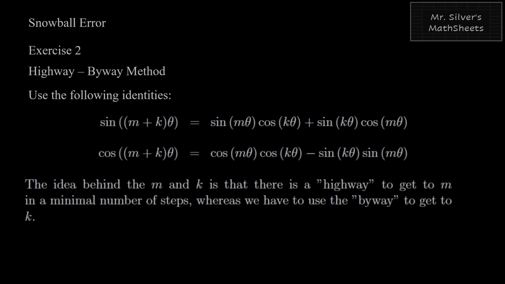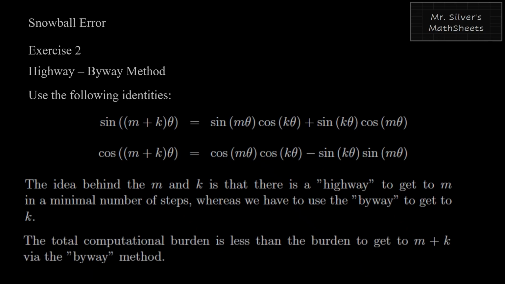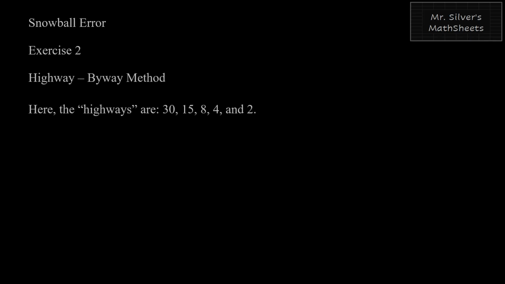But we're going to use m theta and k theta. M theta, m is a highway. So here the highways are 30, 15, 8, 4, and 2. Those are the numbers we can calculate right away, skipping all the byways.